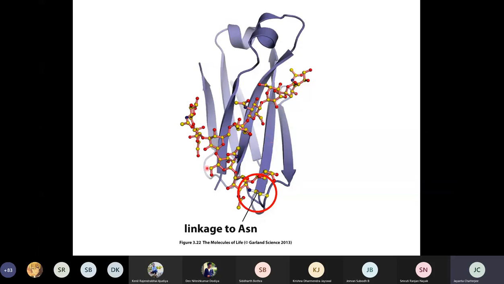That's how oligosaccharide units can prevent the proteolysis of polypeptides or proteins. Many times it is also observed, though we are not going to deal with it here, that oligosaccharide units can stabilize the folded state of the protein.